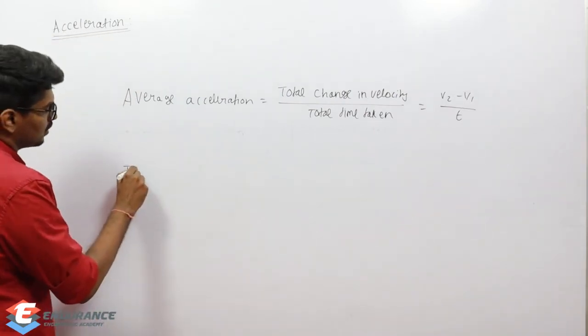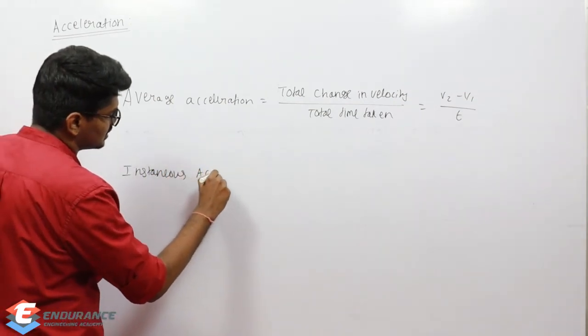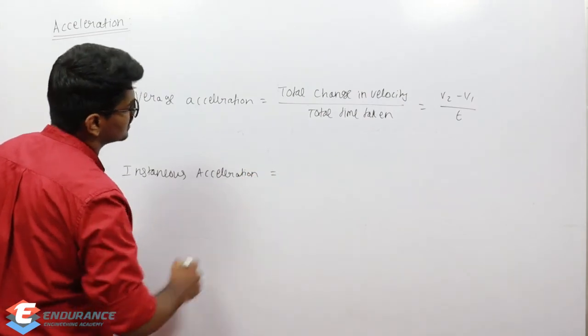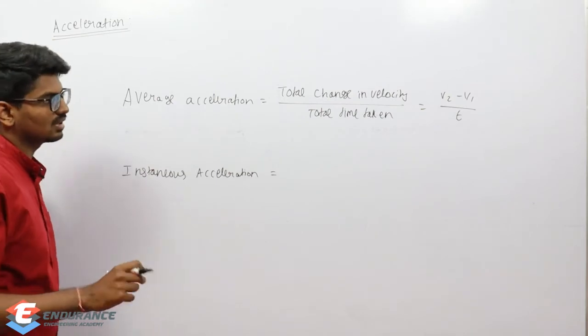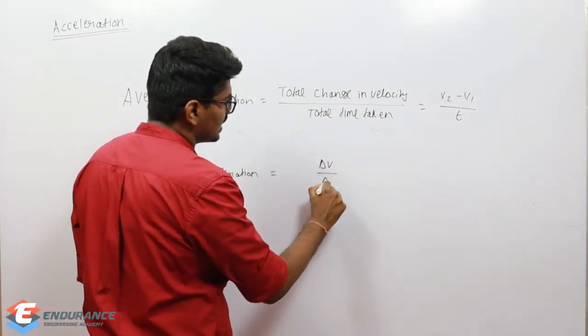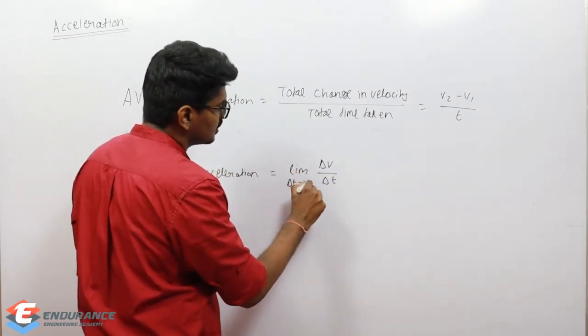And what about instantaneous acceleration? Again, instantaneous acceleration is also the same logic whatever we discussed earlier. At some particular instant, what is going to be the change in the velocity? So delta v by delta t, when delta t tending to 0.